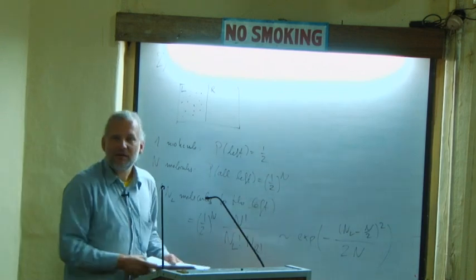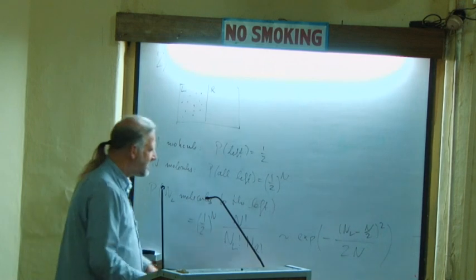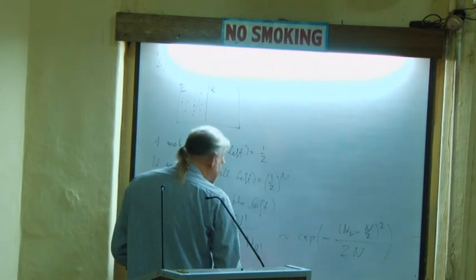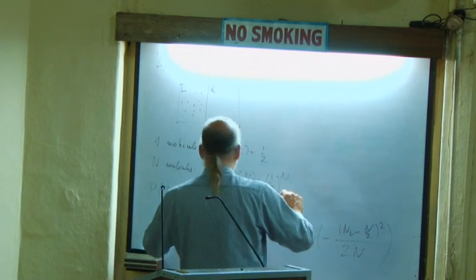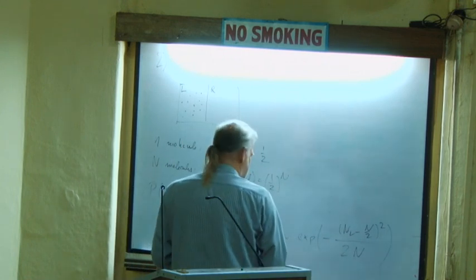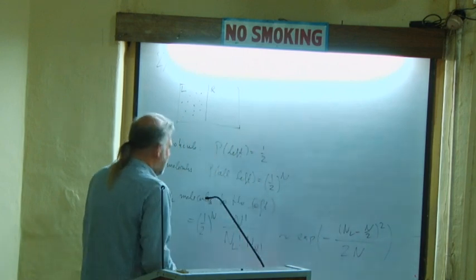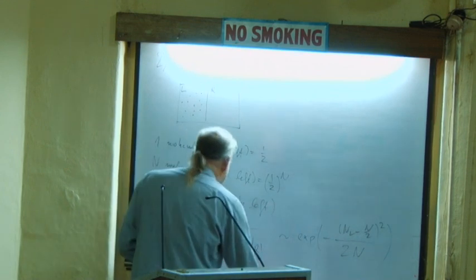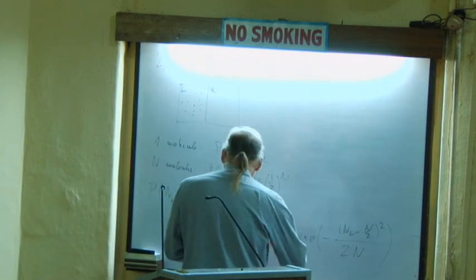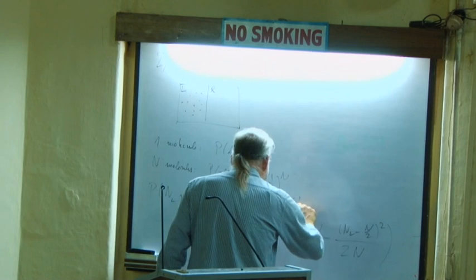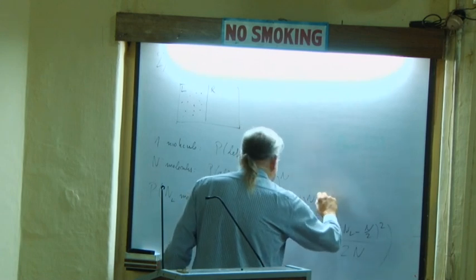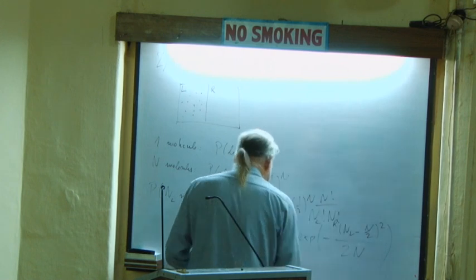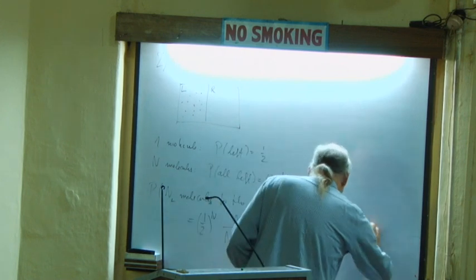I should not use the lower part of the board. I will write this a little bit higher up: 1/2 to the n, n factorial over nl factorial, nr factorial, and then I will write this again.